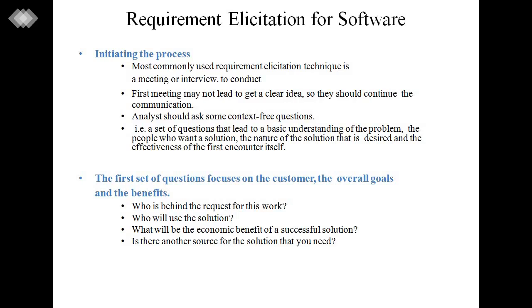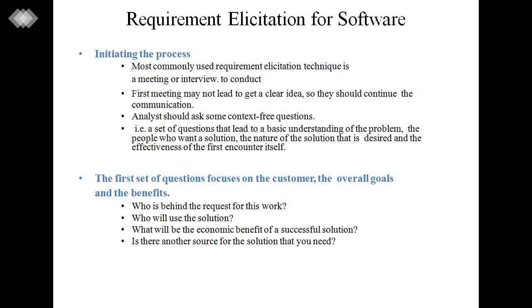Also, they should ask some context-free questions that will be helpful for a basic understanding of the problem: who exactly wants a solution, what the nature of the desired solution will be, and the effectiveness of the first encounter itself. So the first set of questions focuses on the customer, the overall goals and the benefits.